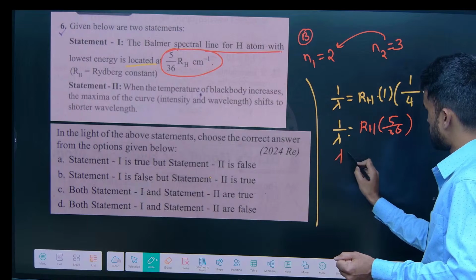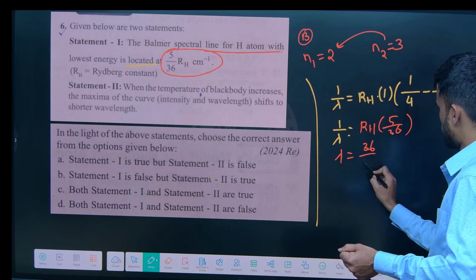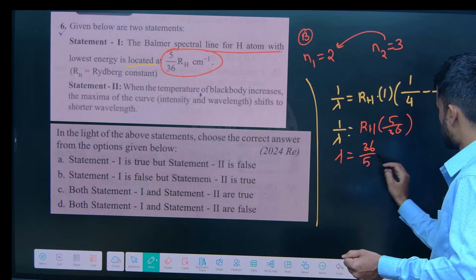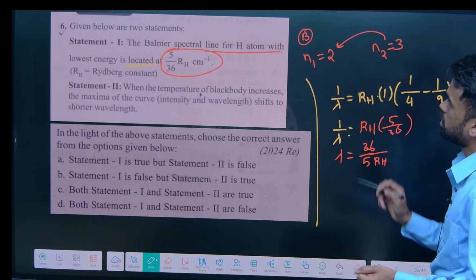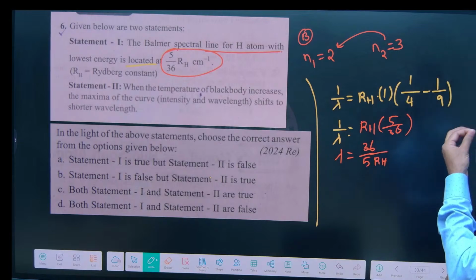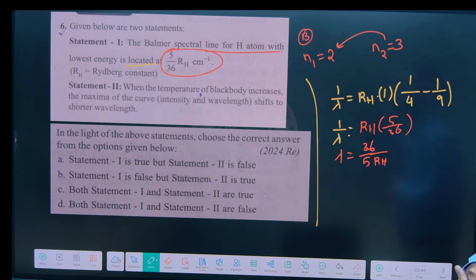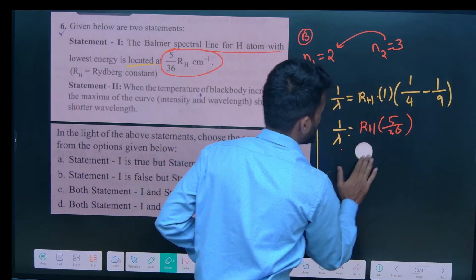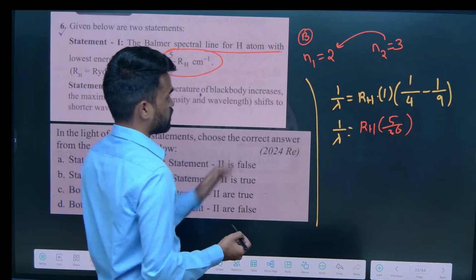So lambda is 36 by 5 RH. What are they asking? Energy. This is the wavelength calculation. The inverse of this is nothing but energy.